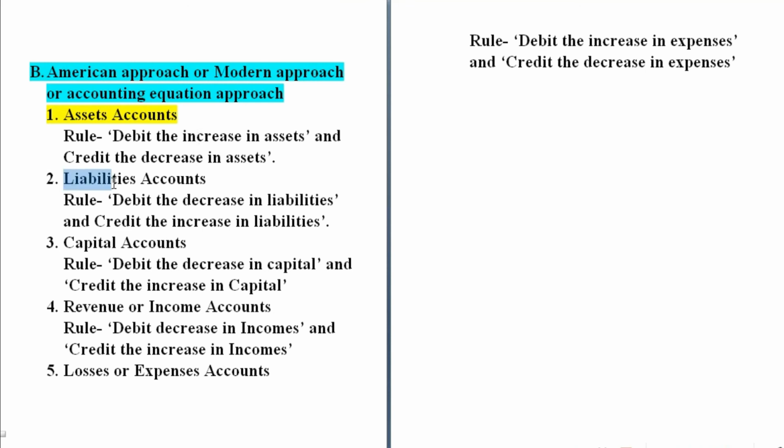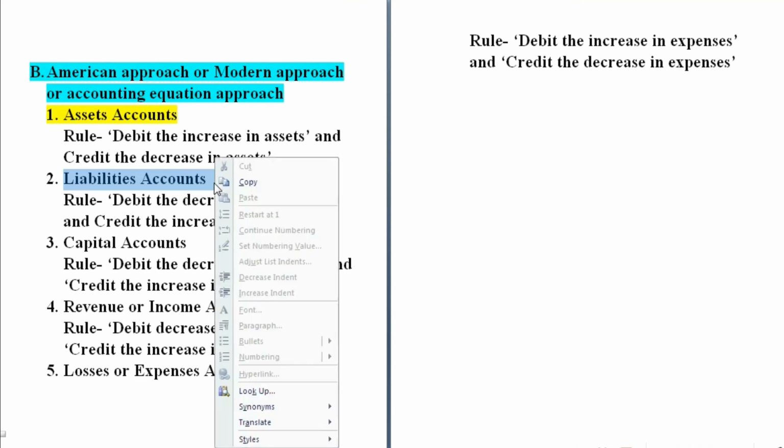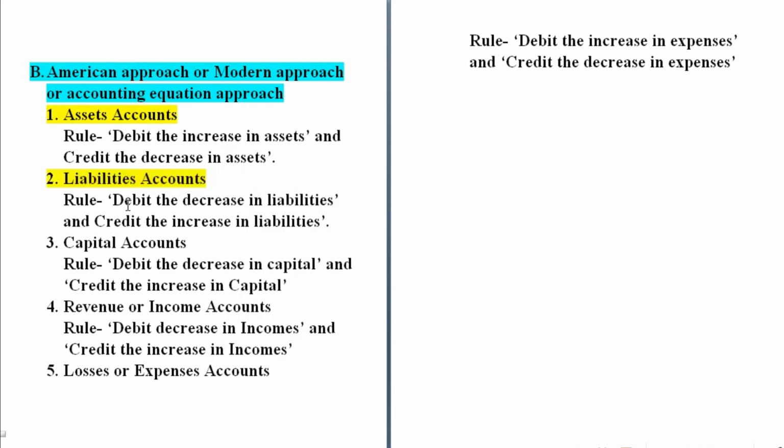Second one we have is liability accounts. In the liability accounts, the rule becomes opposite. In asset, we debit the increase; in liability we debit the decrease. And in asset we credit the decrease; here we credit the increase. Now what is liability? Liability is something that you owe to others, you have to give to others, like you have taken a loan from the bank, goods on credit from the supplier, bank overdraft, or bills payable.